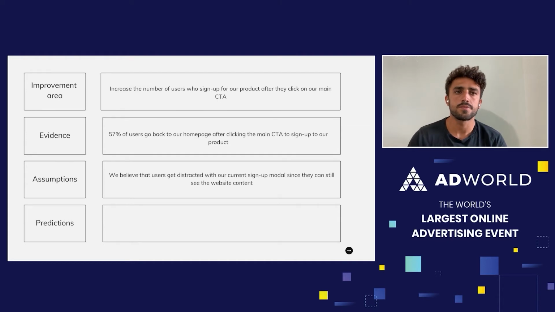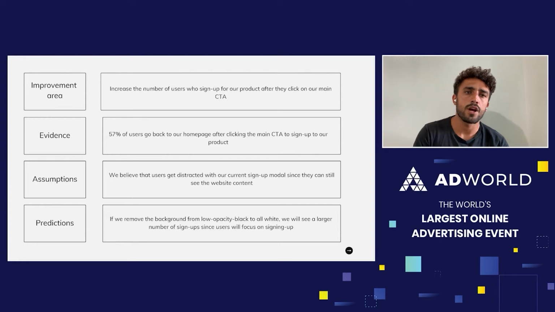In this case, what we came up with is that if we change the background from a low opacity black background to an all white one, we will see a larger number of people signing up because these users will focus on the right action we want them to take. Okay, this is looking structured now. We have the problem we're trying to solve, the evidence backing our assumptions, the assumptions in place, and the prediction of what would happen.